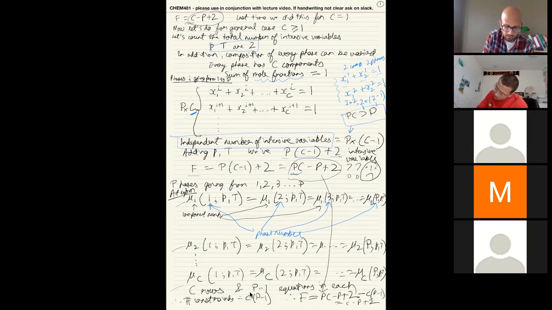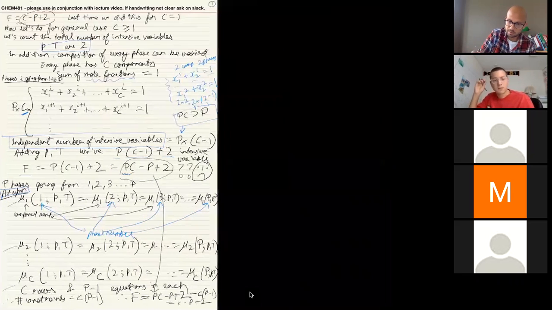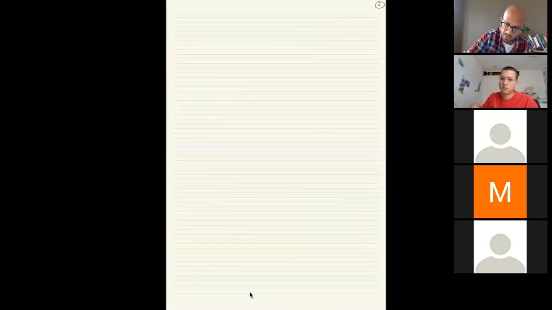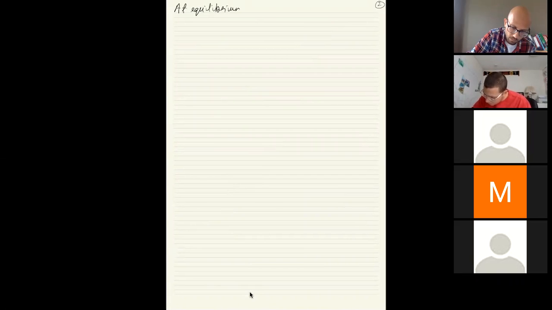Those constraints are the constraints of equilibrium. At equilibrium, the chemical potential for any component should be the same in every phase. So I will write down this statement, which I used to do the math over there more carefully.